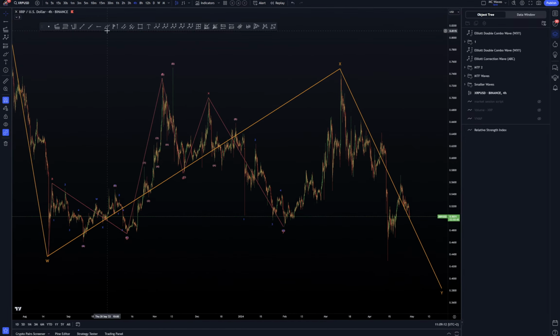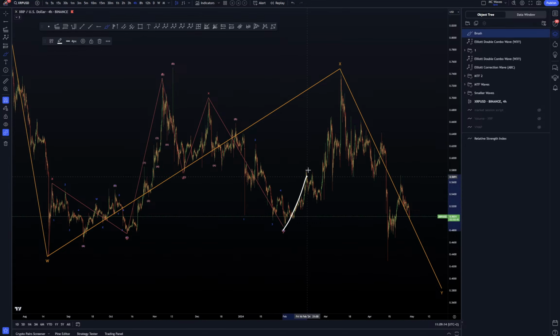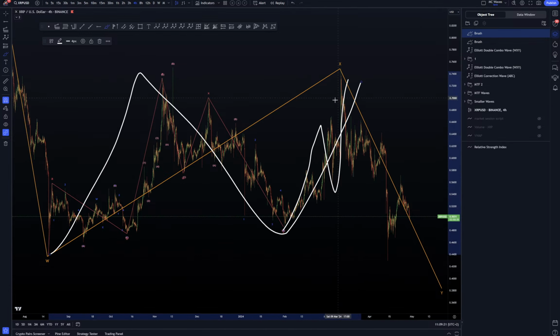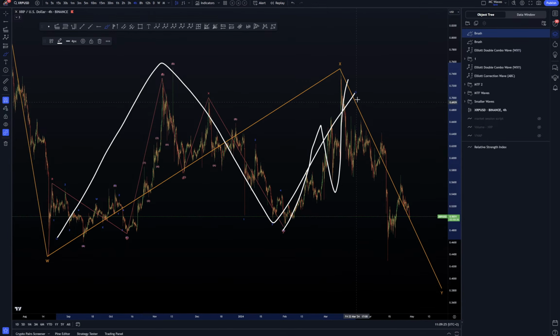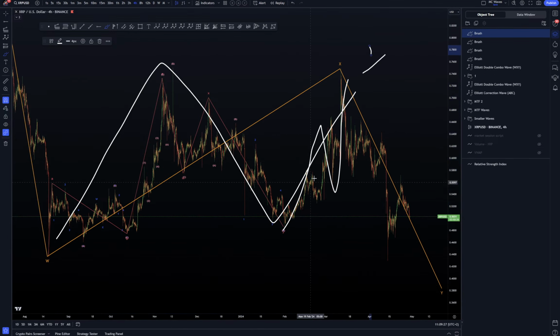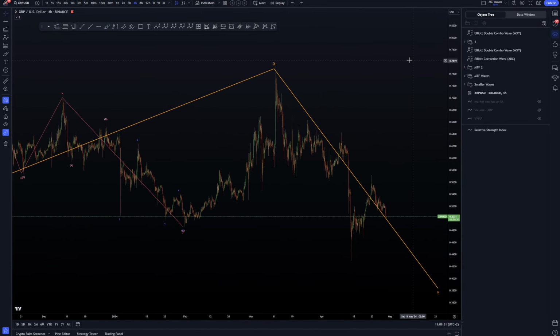Problem is, if this is a double EXY, well, can that be a double EXY? Again, another tip for the contest. Well, the problem is, if this is an ABC flat, we should get 5 waves. If this is a correction, it's a double XY, so this is a Y wave, and can a Y wave finish with a double XY? The answer is no.